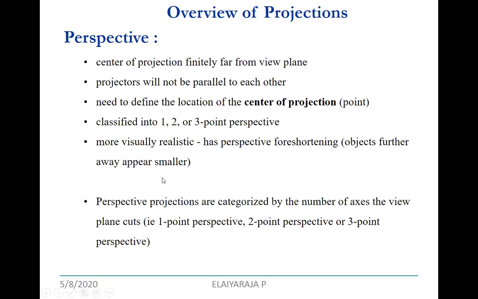Perspective projections are categorized by the number of axes cut by the view plane: 1 point perspective, 2 point perspective, and 3 point perspective. As I said, 1 point perspective is about parallel, 2 point perspective is about angular, and 3 point perspective is about the bird's eye view.